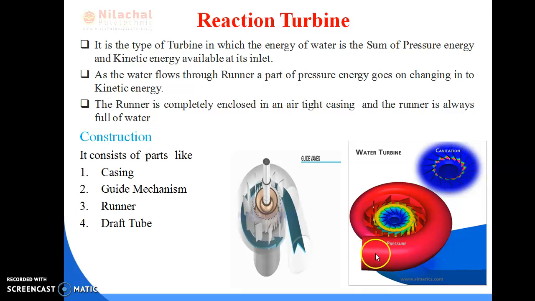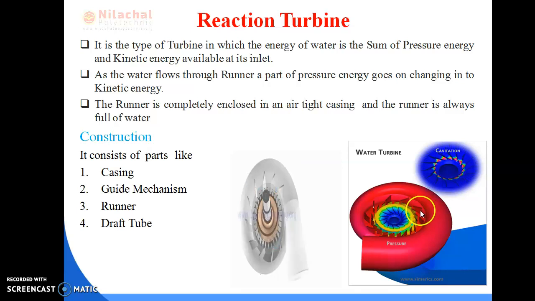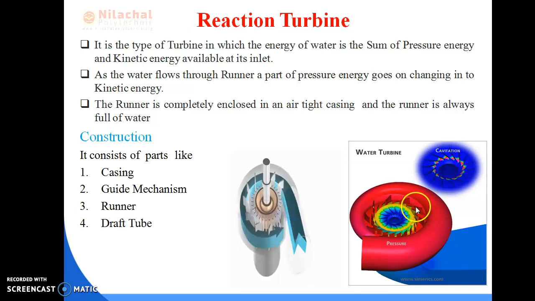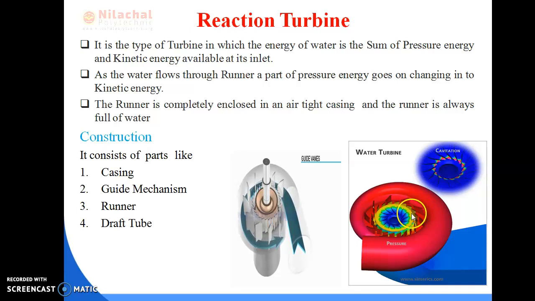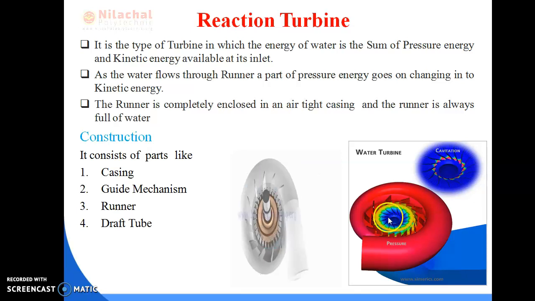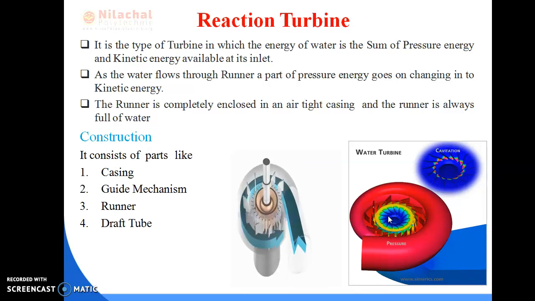While the water enters the casing, it first enters the guide mechanism, and the guide mechanism provides the water to the curved plates that are mounted upon the runner. The runner is attached to the shaft. This middle part, or center part, is known as the shaft. Due to the rotation of the blades, the mechanical power is produced and we are getting the electrical power at the generator shaft.